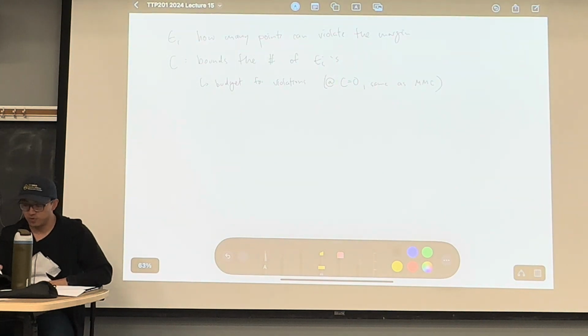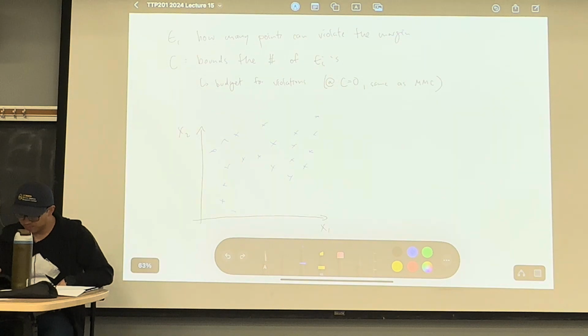So let's keep thinking about drawbacks, or pitfalls, of these models. Let me draw some points here. Okay, we'll do something like this.